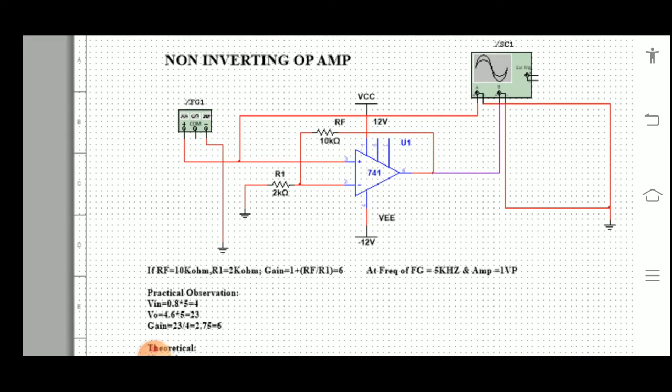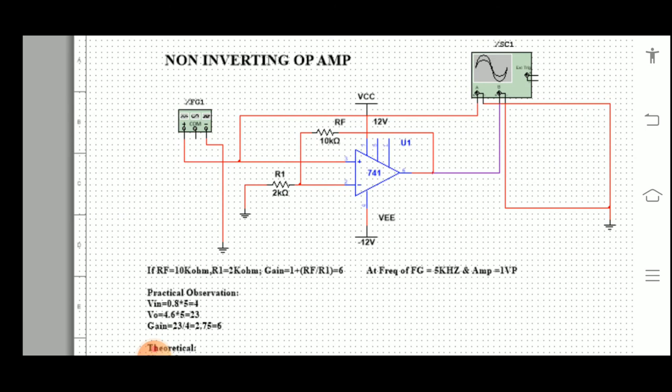Here I am calculating Vin from the waveform. Here I am having 5 as the volts per division and 0.8 divisions. When they are multiplied with each other, we are getting 4. Similarly for V naught we are having 4.6 divisions, and we are making the voltage 5 volt.